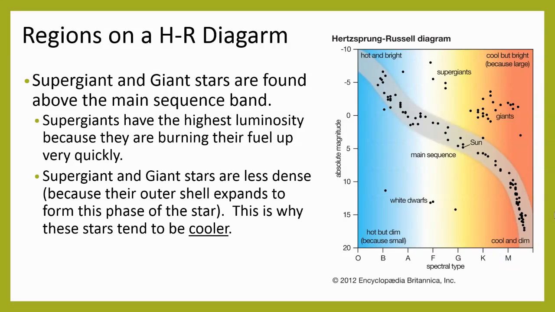This is because as we get those giant and supergiant stars, we have the outer shells which are expanding, so they become less dense. Because they are less dense, these types of stars also tend to be cooler. Okay, so supergiant and giant stars tend to be onto the middle or the right-hand side of our graph. Because remember, we go from high temperature on the left to low temperature on the right.